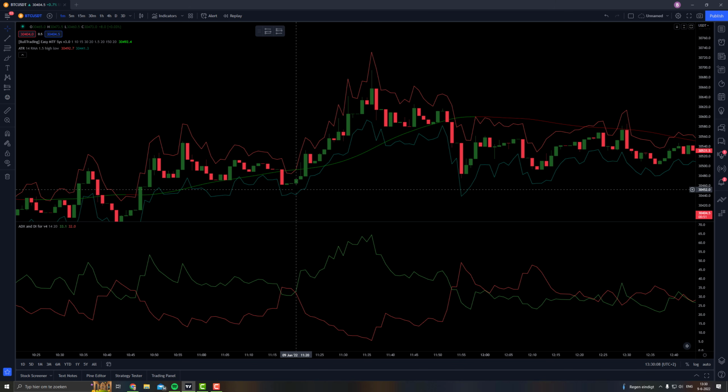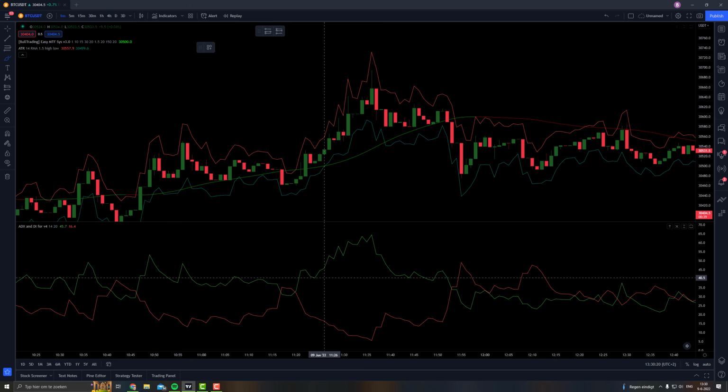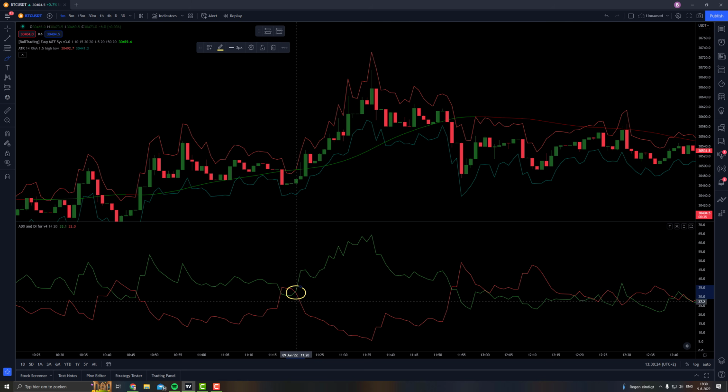So right here we have a nice example, because we want to see 3 confirmations to take an entry. What we want to see, if we want to take a long position, is that the cross occurred, that we have a candle that closes above the trend line, and the trend line, of course, should be green.